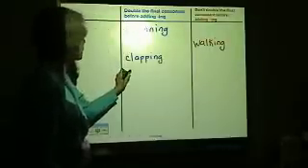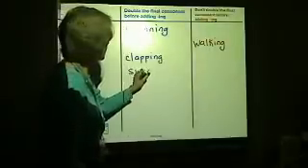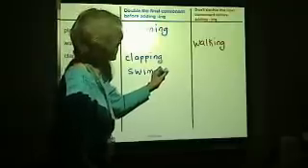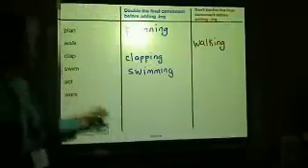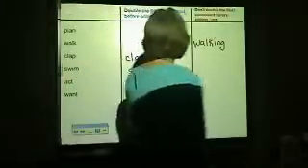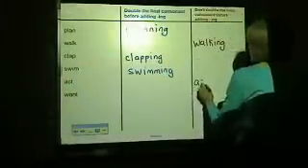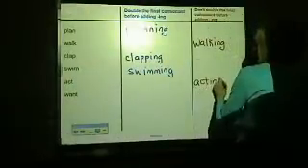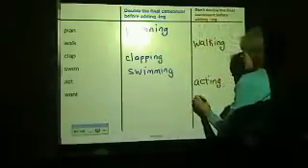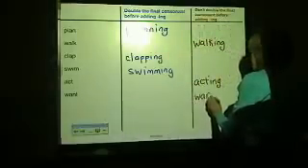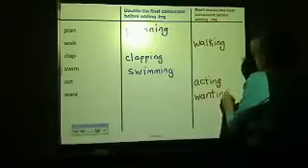The verb swim. Verb act. And the verb want, wanting.